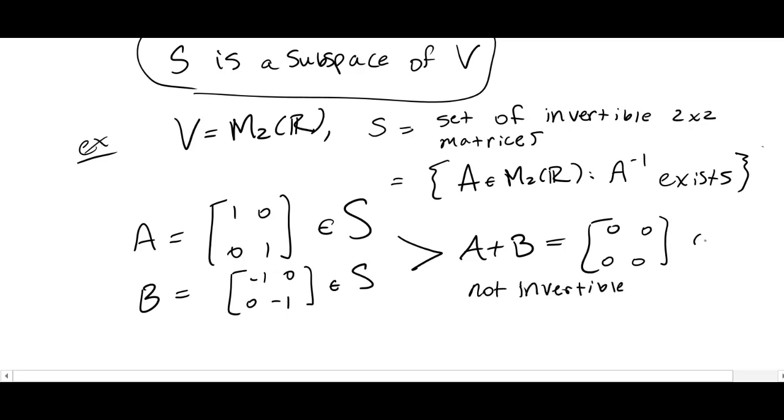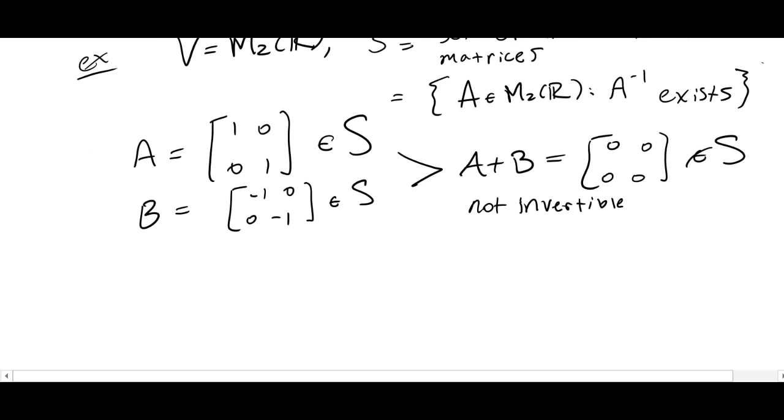So it's not closed under vector addition. Also, it doesn't contain the zero vector. It doesn't contain the zero matrix, because 0 is not invertible. So in this case, S, the set of 2 by 2 invertible matrices, is not a subspace.